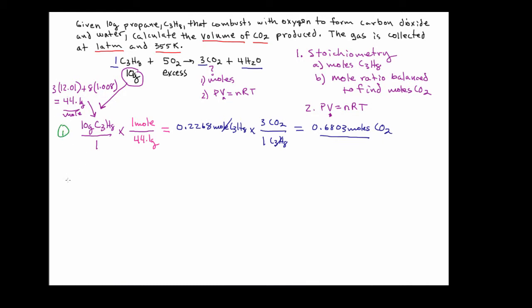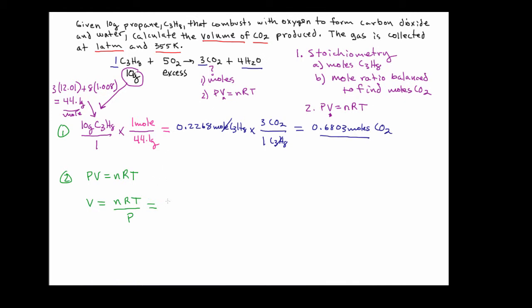Now step number 2, we're going to use PV = nRT to find the volume of the gas. So first thing we're going to do is solve for the volume. We divide both sides by the pressure, so we're going to have nRT over P. Now we can plug in the values that we have.